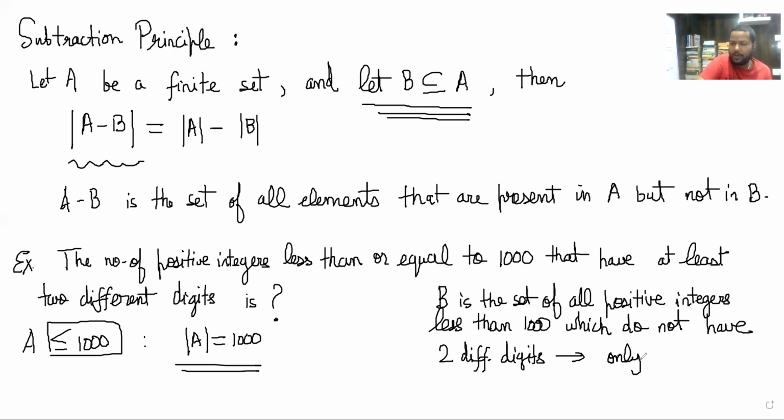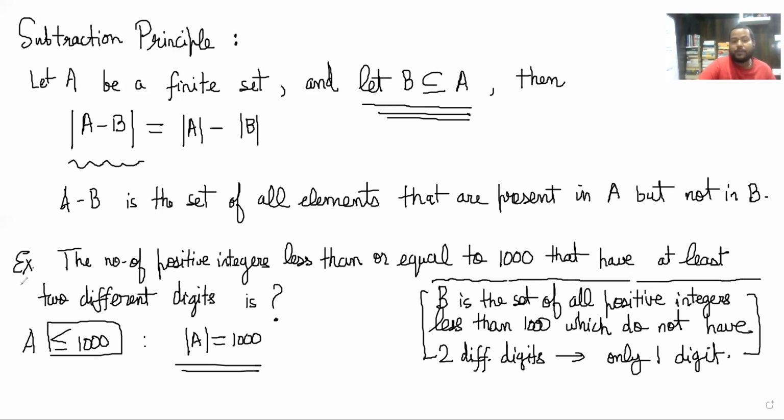Only one digit is possible here. So B can be basically of three types. And you should realize that B is clearly a subset of A, right? Because A was the set of numbers less than or equal to 1000, and B is the set of numbers less than or equal to 1000 that don't have two different digits. So B is a clear subset of A, and therefore the subtraction principle will work if we can count the number of elements in B.